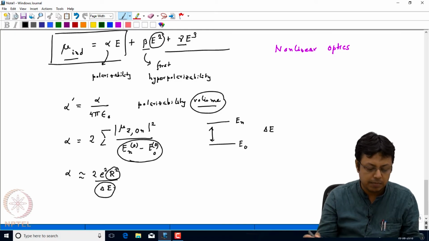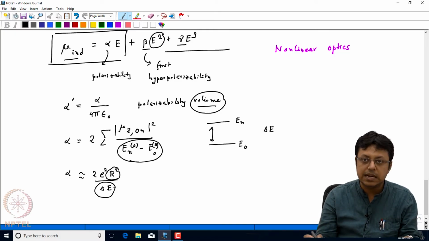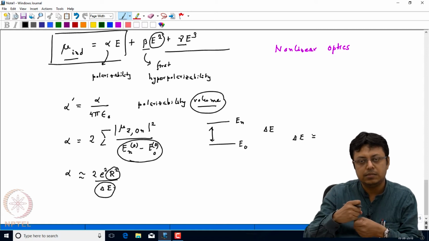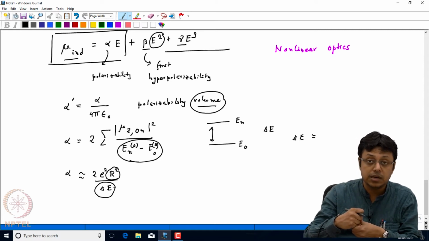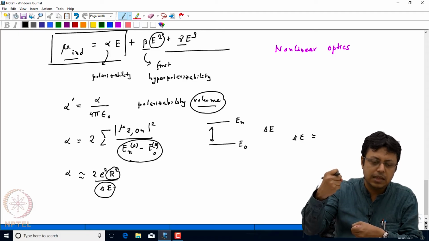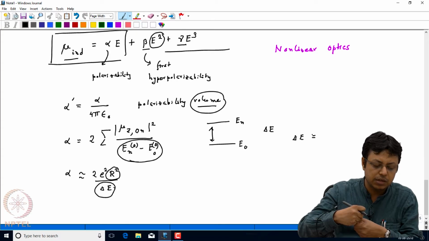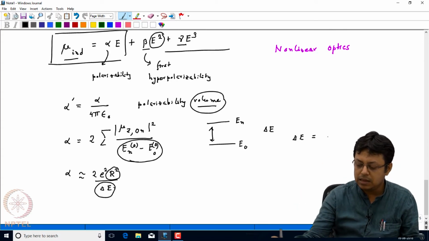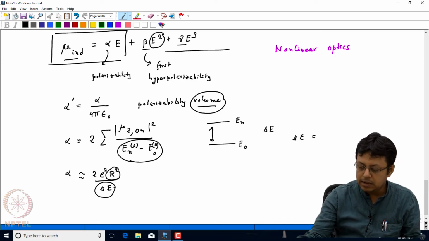Now, how do you calculate the delta E? We can say that this delta E is basically as if there is a positive charge and I am moving the positive charge over a distance say r, and we can think that this connects to the excitation energy from, say, HOMO to LUMO. Again, this is a very crude description: the delta E you can approximate as e square divided by 4 pi epsilon 0 r.